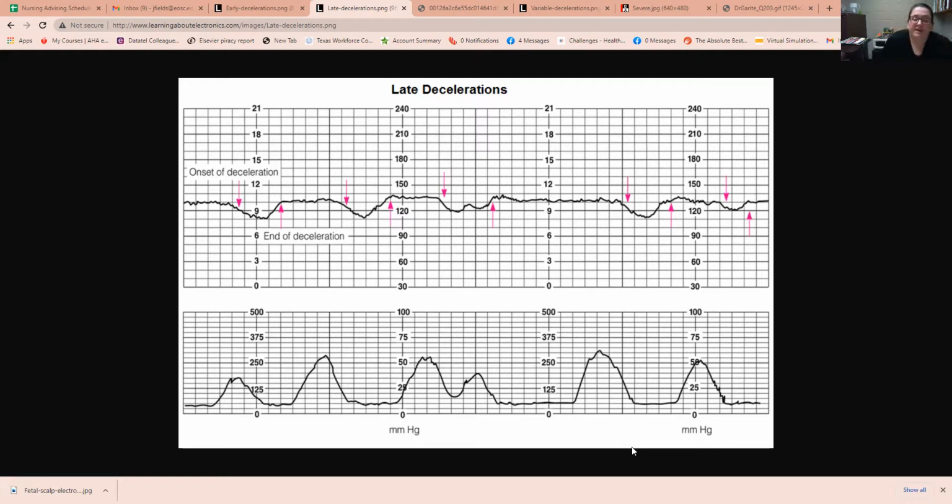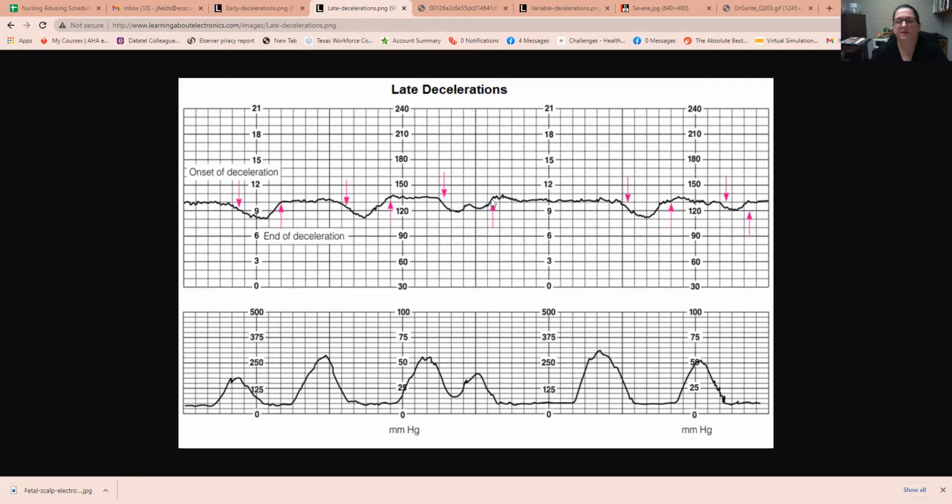Now, let's look at the baseline. This fetal heart rate baseline is about 130, with probably minimal variability with some late decels noted, okay? We can see here, there's a little tiny accel after that decel that's called shouldering.